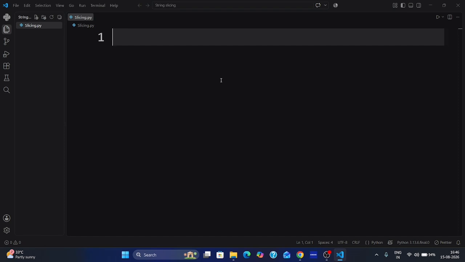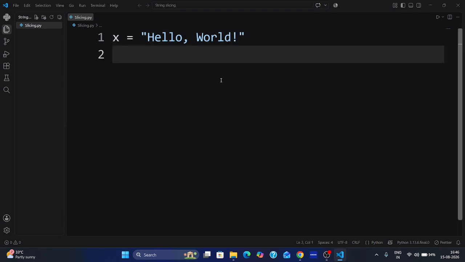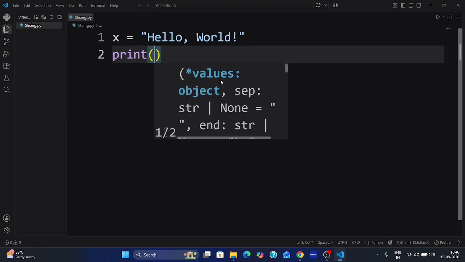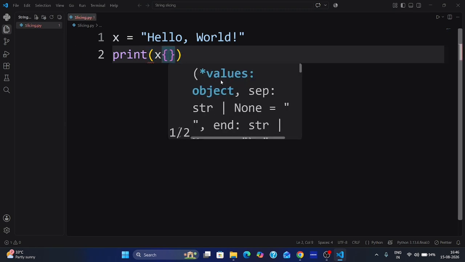So let's say I am taking x is equal to hello world, and what I have written is hello world with exclamation. And I want to print x of, from where?